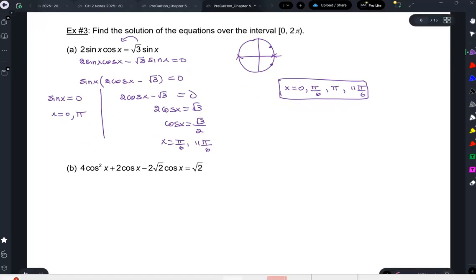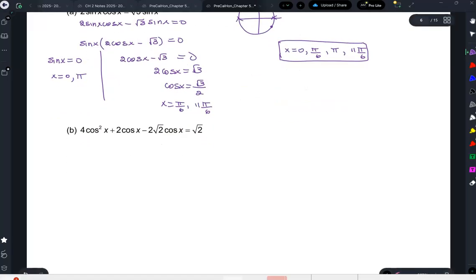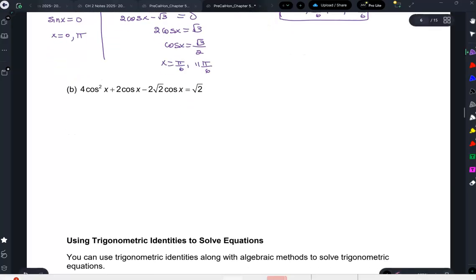Okay. Look at this one. What do you suggest we do? 4 cosine squared x plus 2 cosine x minus 2 root 2 cosine x minus root 2 equal to 0. Always bring everything to the same side, set it equal to 0.